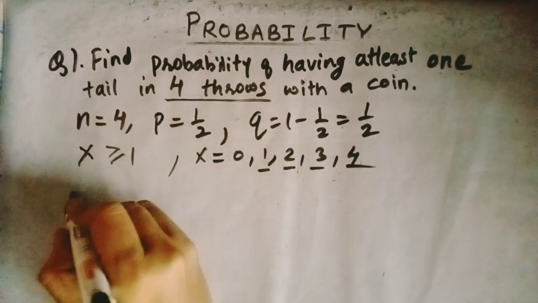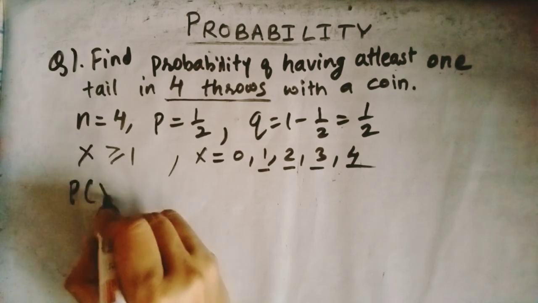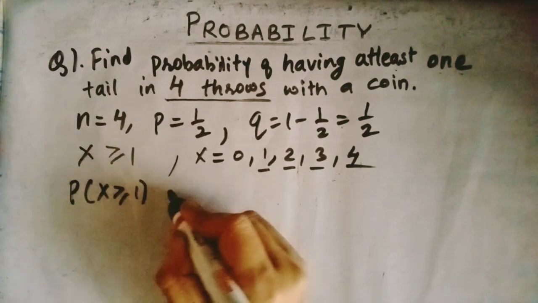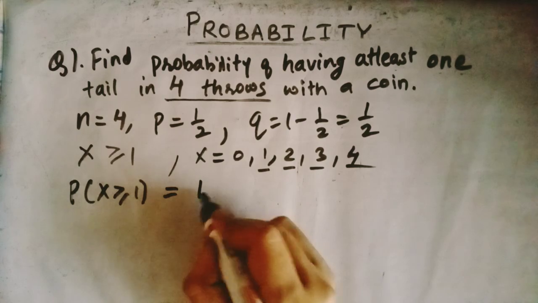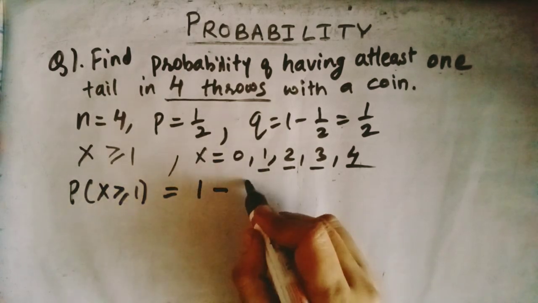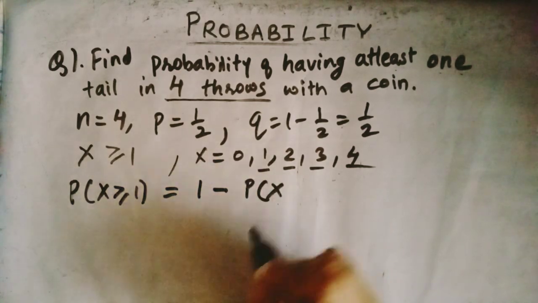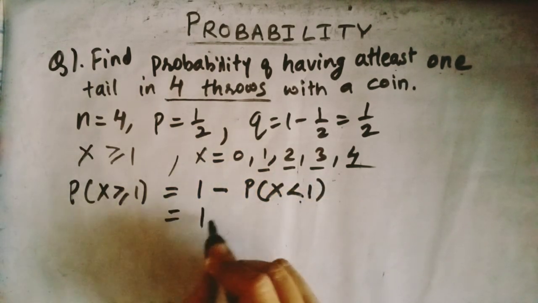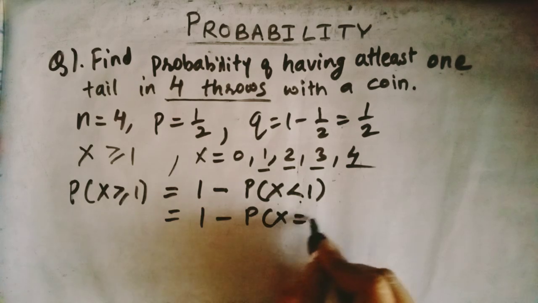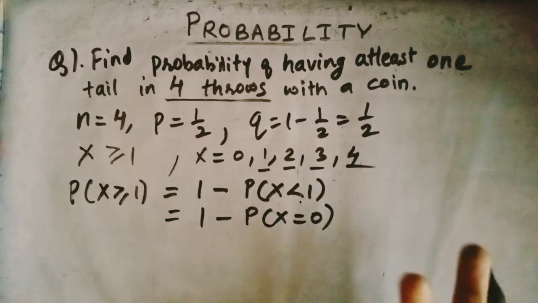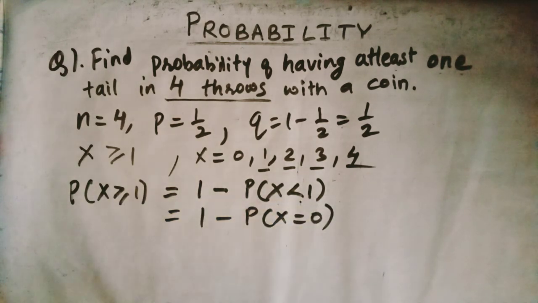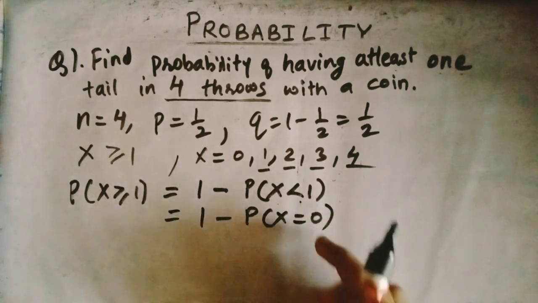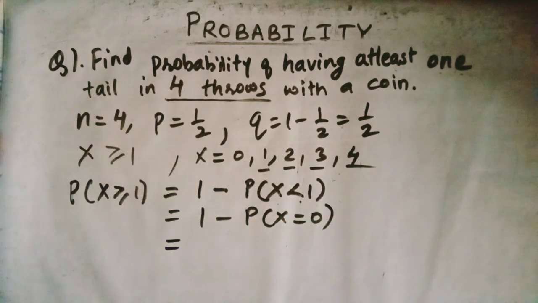Or we can take, we want this, right? So we can write it as 1 minus P of x less than 1, and we have only one thing, that is P of x equal to 0. That is not getting a tail at all. So x equal to 0.